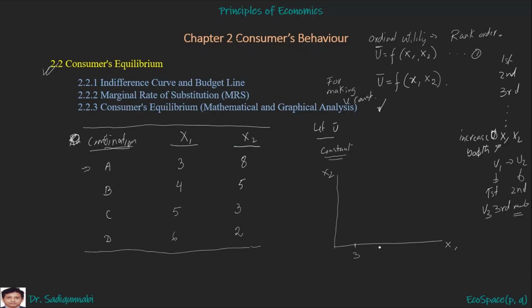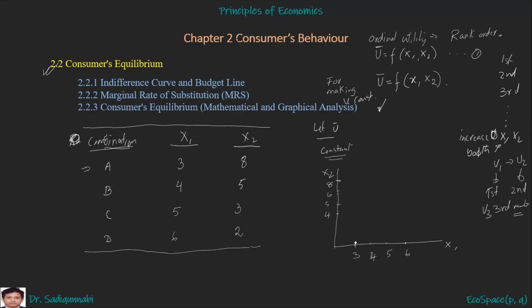Suppose this is 3, this is 4, this is 5, and this is 6. So for 3, 4, 5, 6, our x2 consumption is 8, 5, 3, and 2.